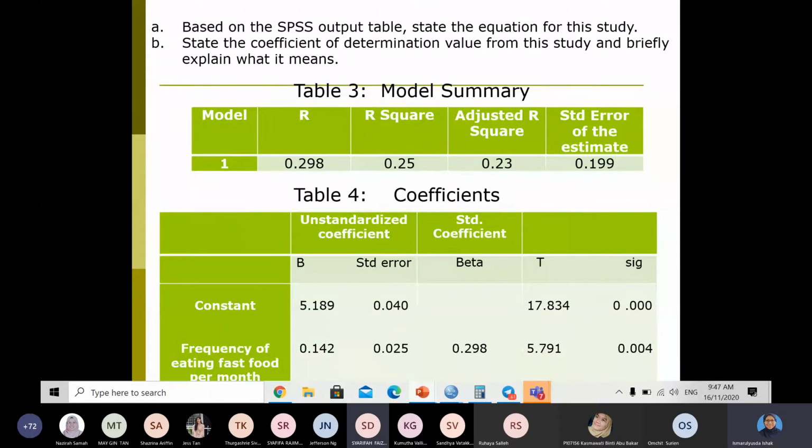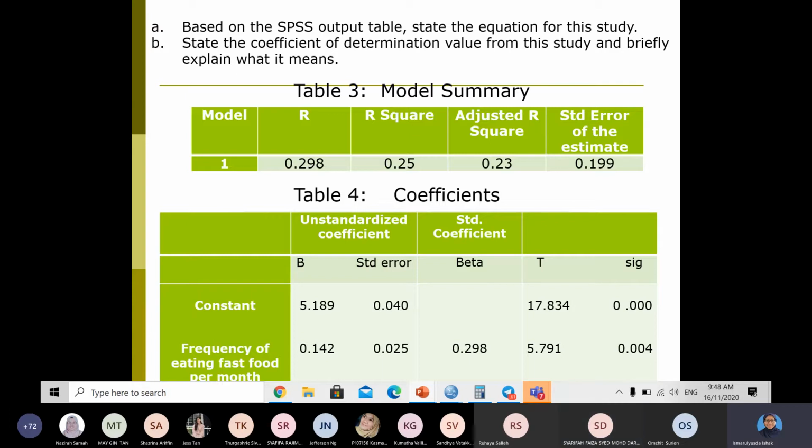Is it y equal to a plus 0.298x? Okay, y equal to 0.298. 0.25, sorry, 0.25. Which 25? No. 0.25 is your R square. We are looking for the slope.